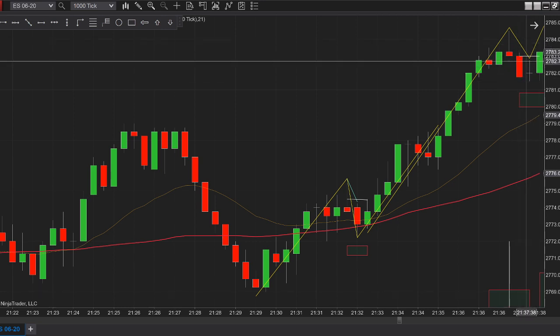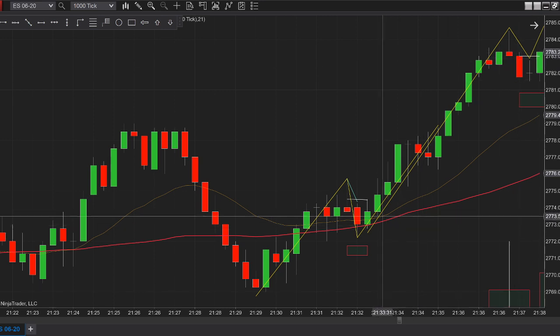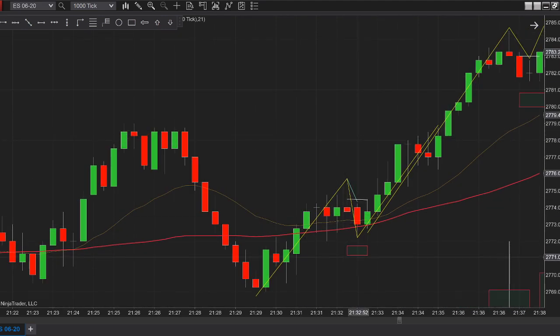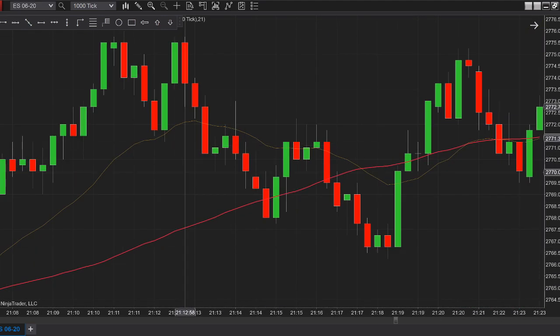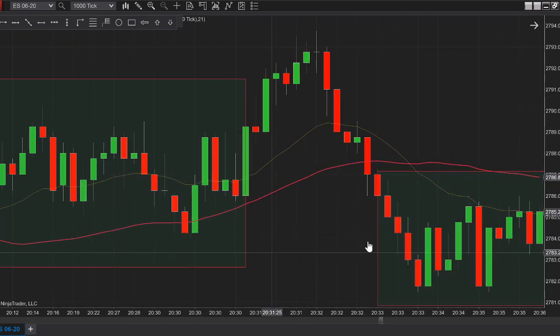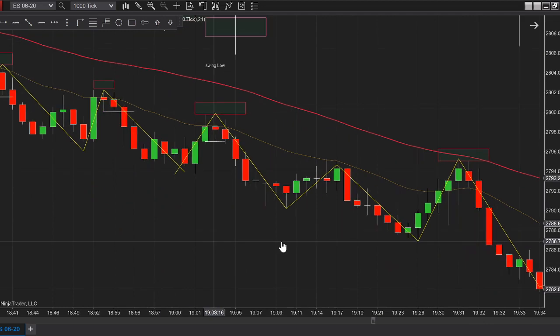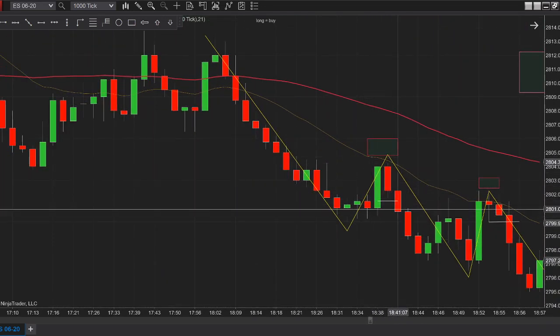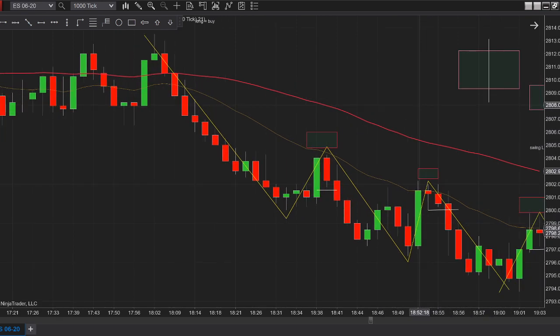This is called the swing low. On the retrace, it's a swing low because we have a combination of 3 candles. On the short side, when the market is moving down, we are searching for swing high opportunities. So this is a swing high, or a pivot high, depending on who you are speaking to.